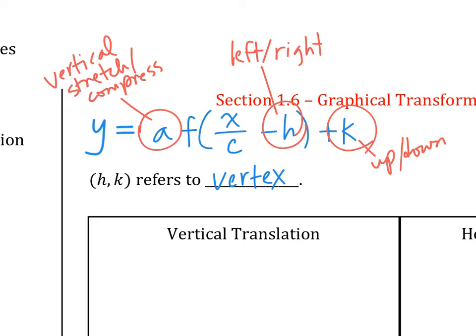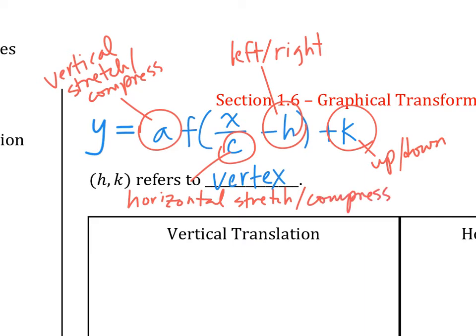Vertical, so it has to be up this direction, vertically, okay? Because C has to do with horizontal stretch and compress. And we haven't talked about the reflections yet, but that is going to come in as well. Okay, so A and C. A is vertical, C is horizontal, okay?